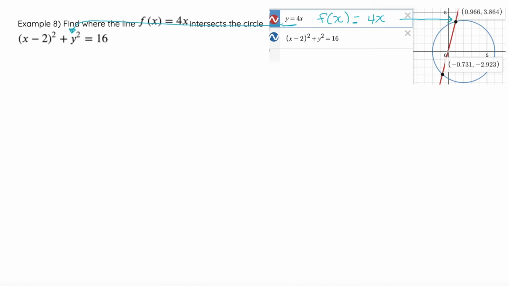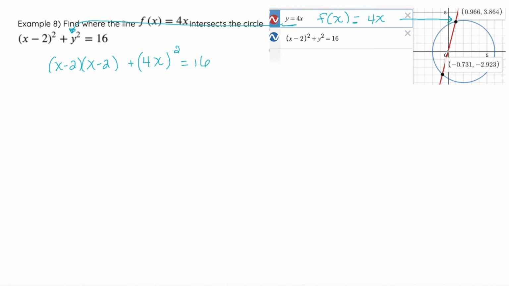Let's start off by saying x minus 2 squared is the same as x minus 2 times itself. And then I also have 4x squared, since y is equal to 4x, equal to 16. So we've got some expanding that we need to work on.